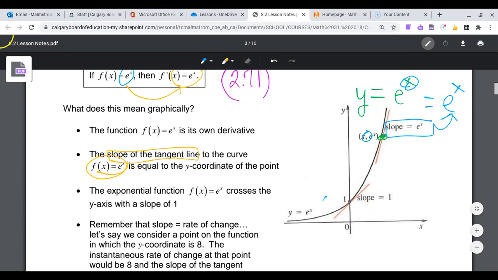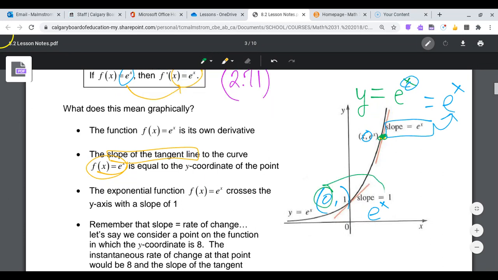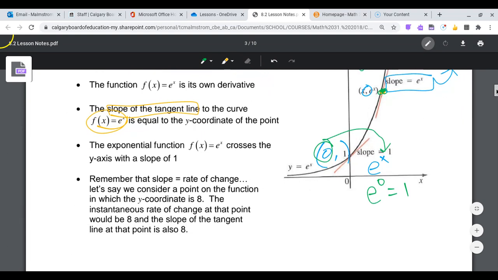So even at the point 0, 1, why does that work? We're putting the x value into our function, e to the 0. Oh, well, that's 1. And so the slope is 1. Very, very cool.